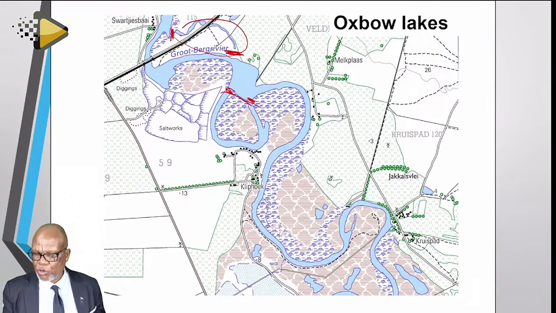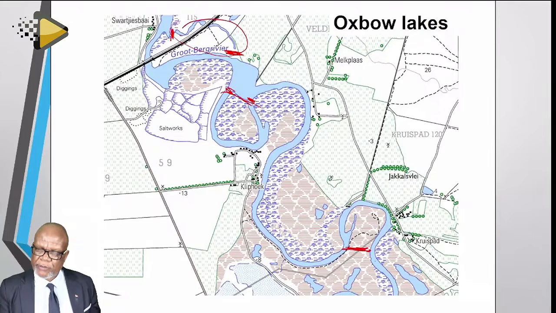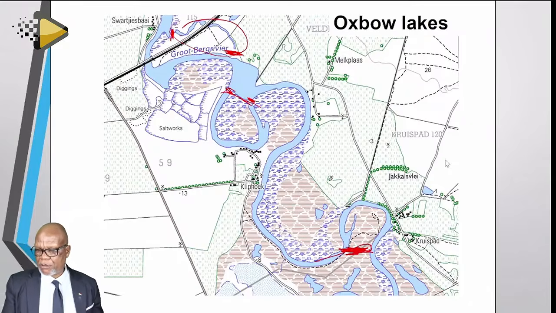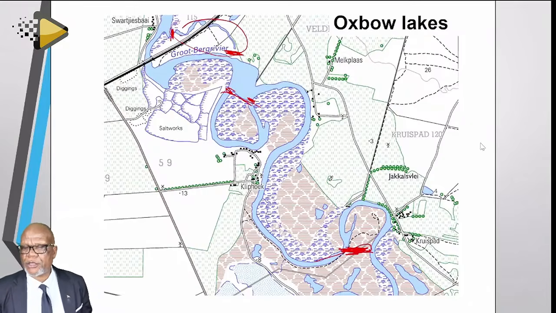And this process will also take place here again, as the river will now cut through here. It will cut through here as it goes in that direction, and that part will run on its own and become another oxbow lake.